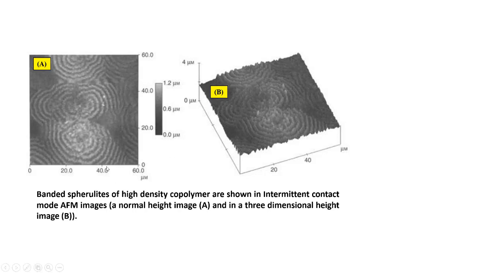Then we have the banded spherulite kind of polymer. This is a very high density copolymer. When we observe the 3D stacking of this image, we can get the height of the structure, and the morphology is also very well seen.